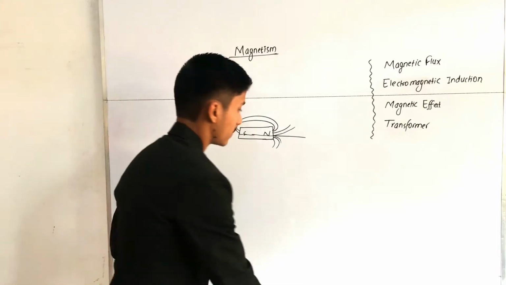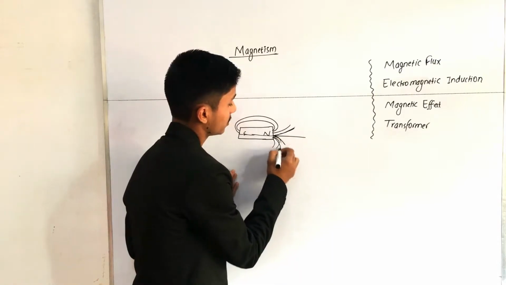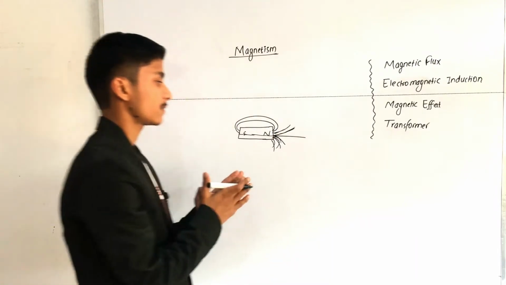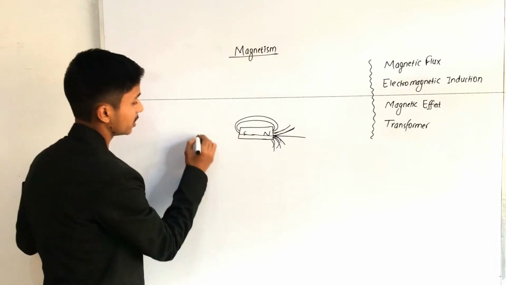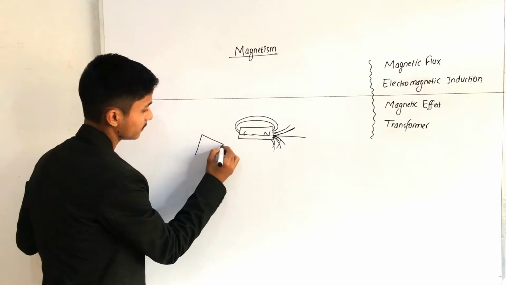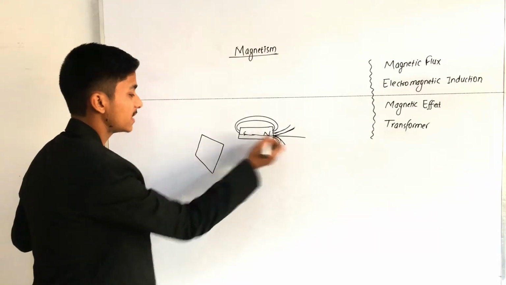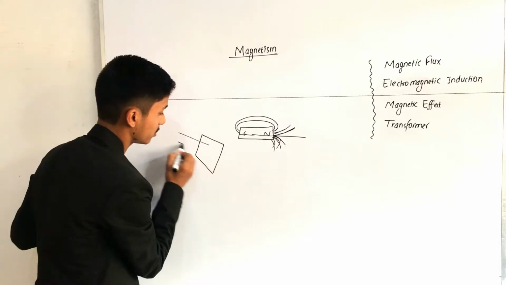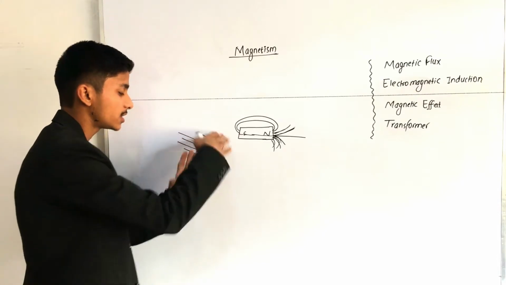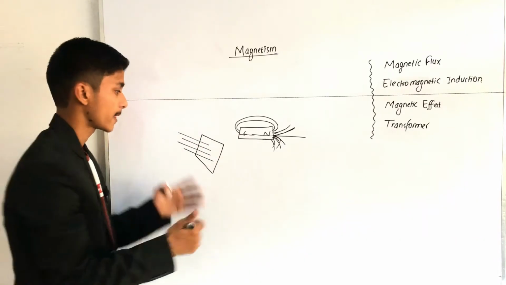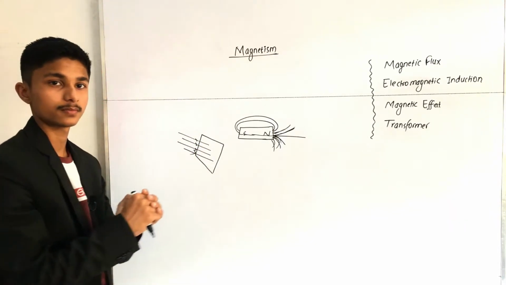So what happens when this number of lines falls on a surface having unit area? Suppose here is a surface, and when a number of lines of force fall on this unit surface, it's called magnetic flux.